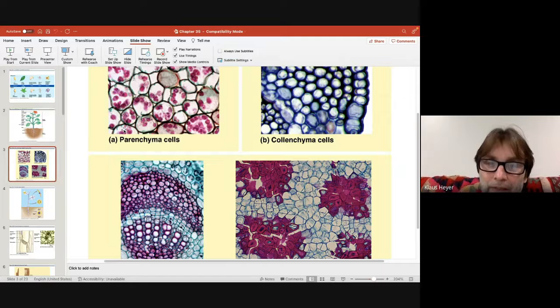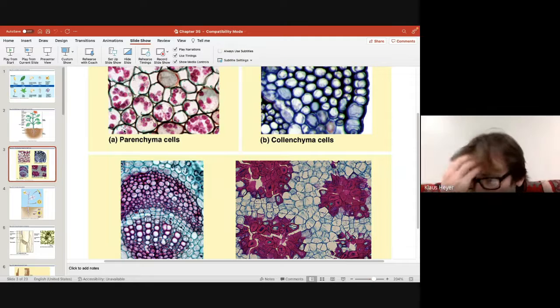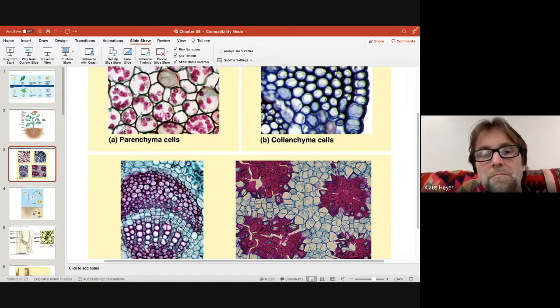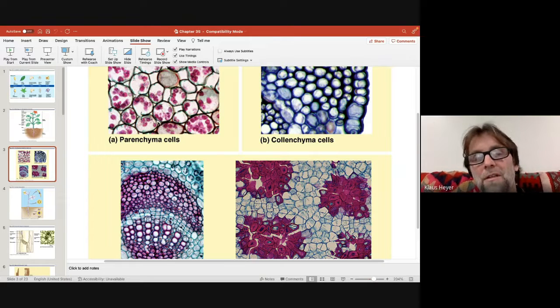I will ask you about this. You need to know the three types of cells. Parenchyma, thin, flexible cell walls. Collenchyma, unevenly thick cell walls.